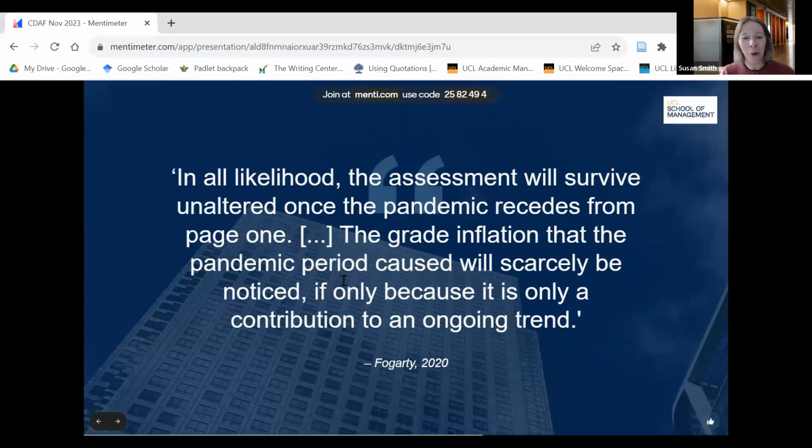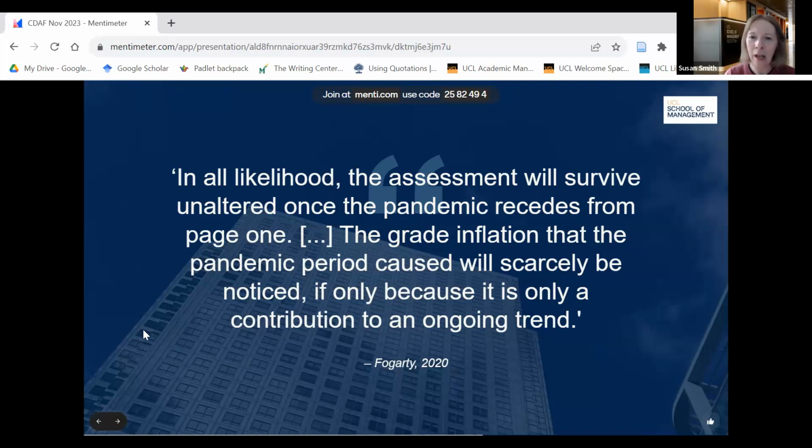So I picked up this quote from Fogarty's paper from a couple of years ago, and he says, the degree inflation that the pandemic period caused will scarcely be noticed, if only because it is a contribution to an ongoing trend. And I suppose we should be questioning whether that is the case, or whether something fundamentally shifted during the pandemic.